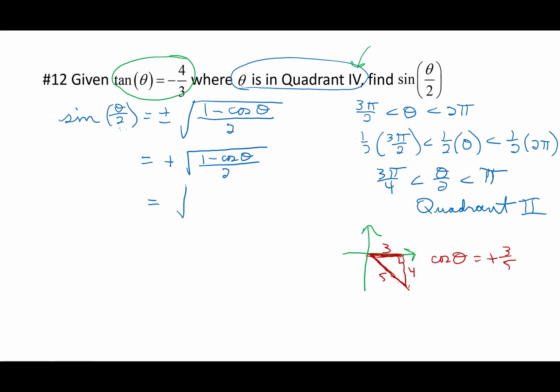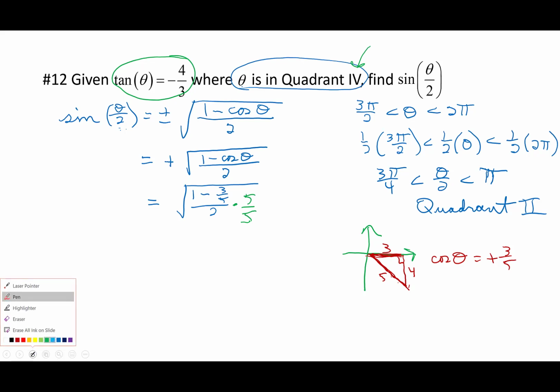We have square root of (1 minus the cosine of theta, which is 3/5) over 2. And now I'm going to use a trick that I like to use to simplify here. I'm going to multiply by the least common denominator, and all we have is one denominator within our fraction, 5. So I'm going to multiply by 5 over 5 underneath this square root sign.